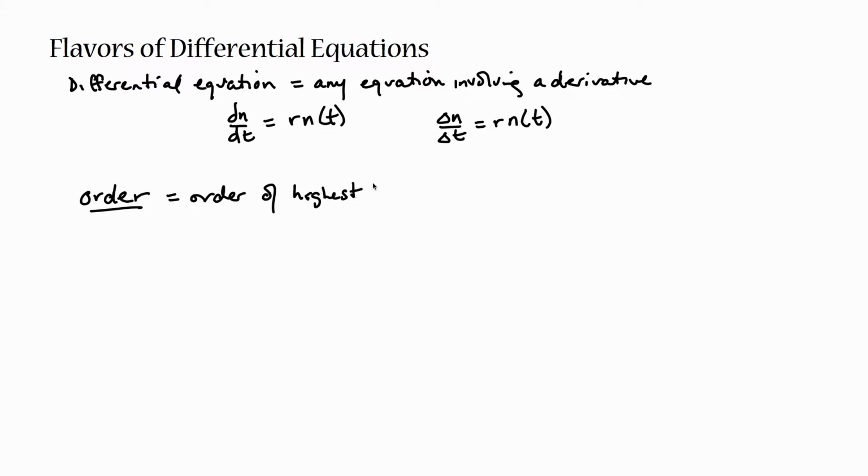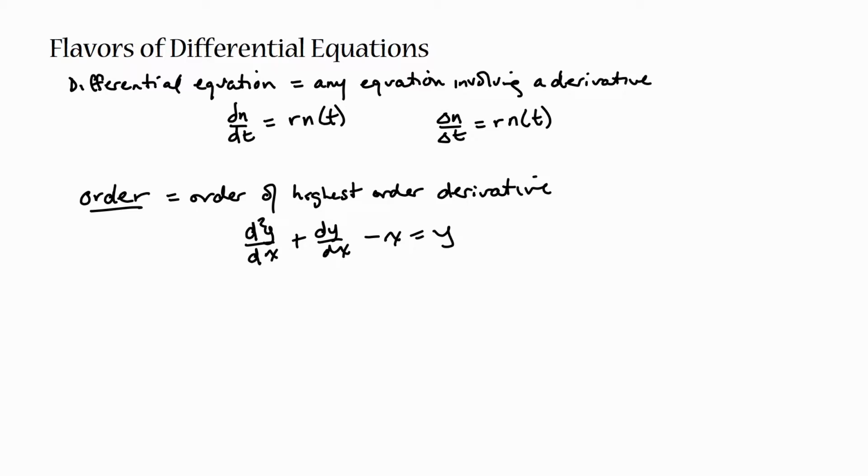So if I had d squared y by dx squared plus dy by dx minus x equals y, that's a second order differential equation because it's got a second derivative of y in it. If I had a third derivative of y, it would be a third order differential equation, and so forth and so on.